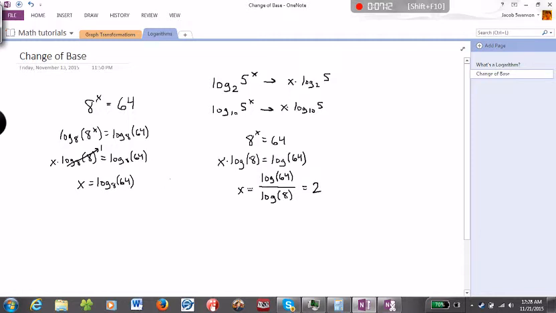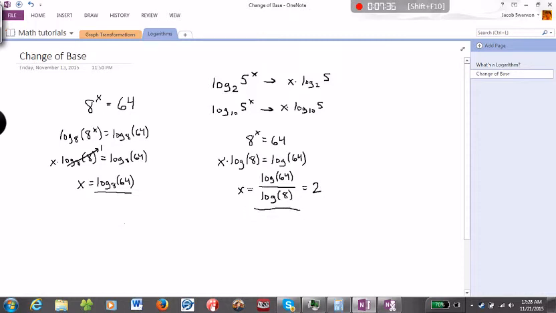Going with the property of algebra that when you have two expressions equal to the same thing, then those two expressions are also equal. Since we have log base 8 of 64 is equal to x, we also have the log base 10 of 64 divided by the log base 10 of 8 is equal to x.